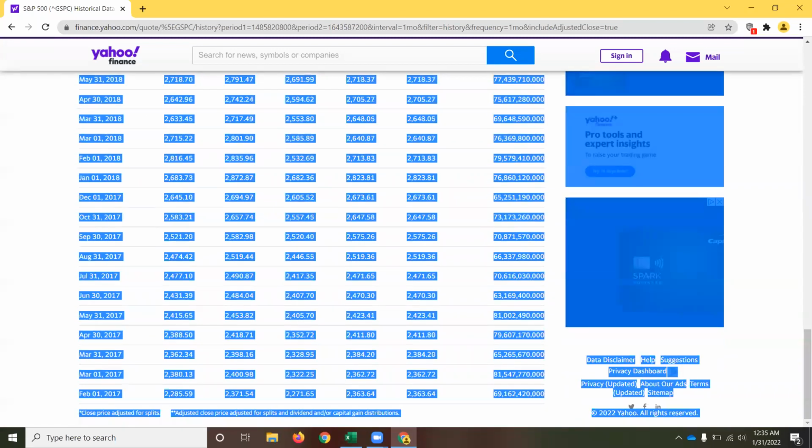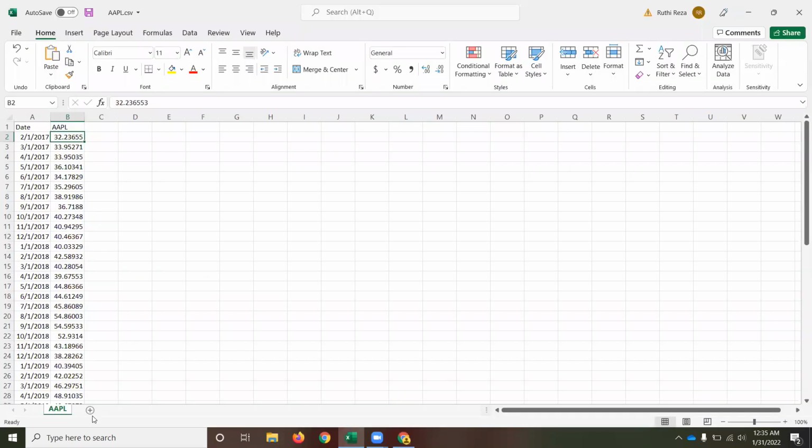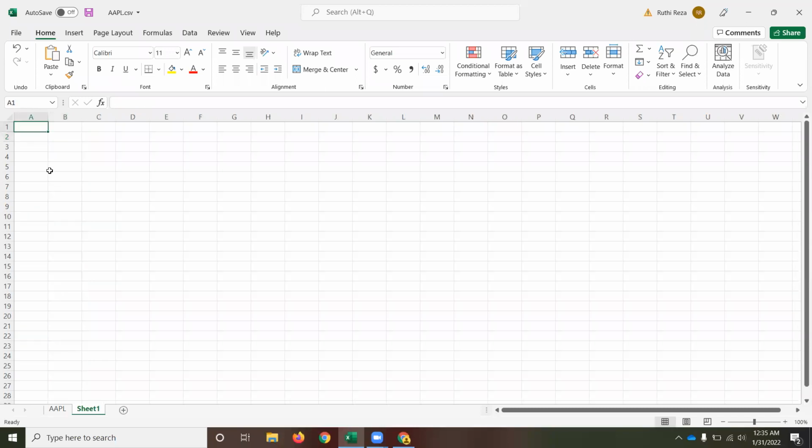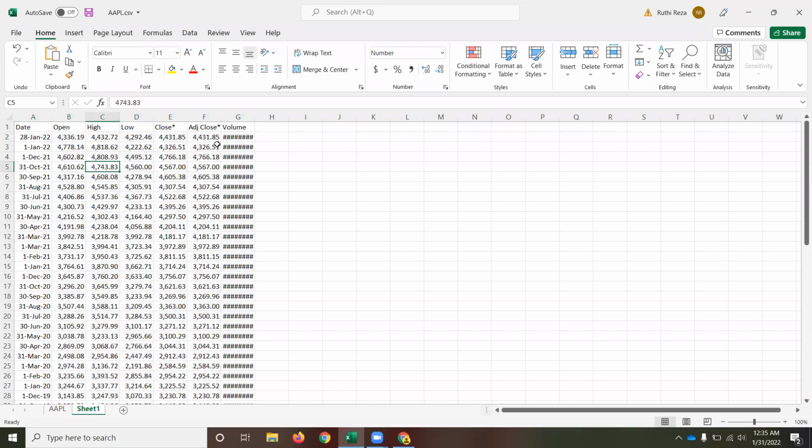And then here, copy all the data here. Copy. And then let's open a separate sheet. And here, paste the data. All right. So again, we are going to use the closing price information.